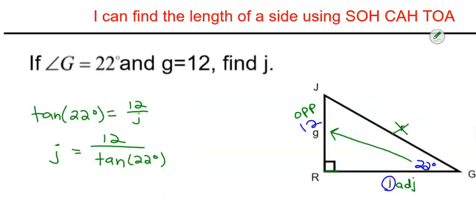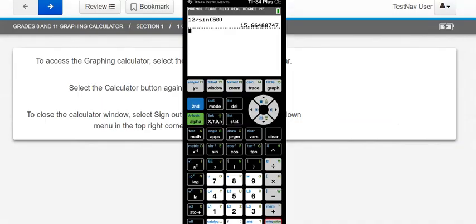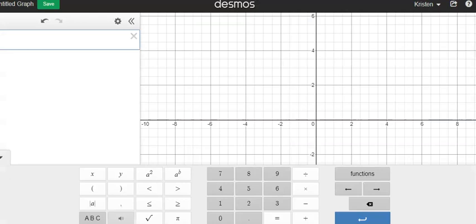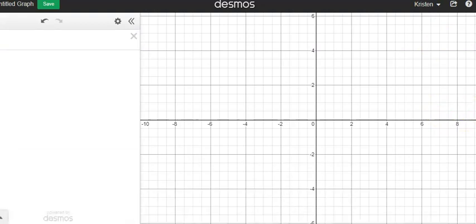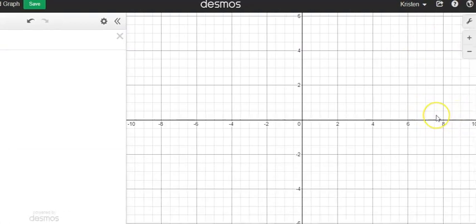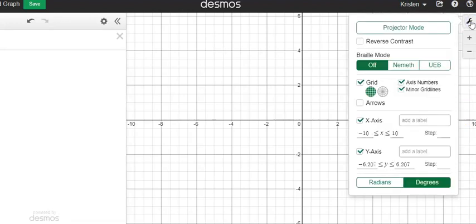All right, now I'm going to do this one on Desmos just so you can see how to do it on there. Same idea. We have to make sure that we have it in the right mode. To do that, I got to extend my screen a little bit more so you can see. Okay, you need to find this little wrench right there. And then there's radians and degrees down here. You need to make sure that you're in degrees.